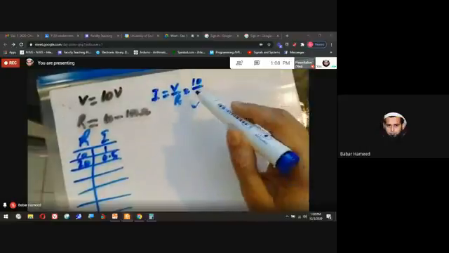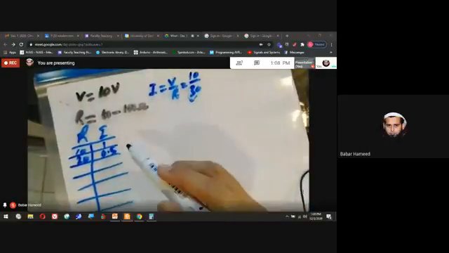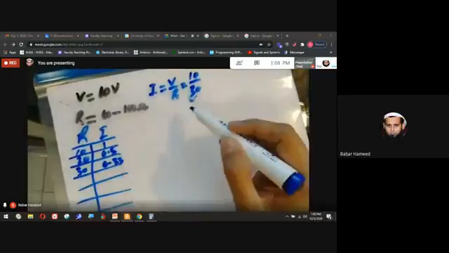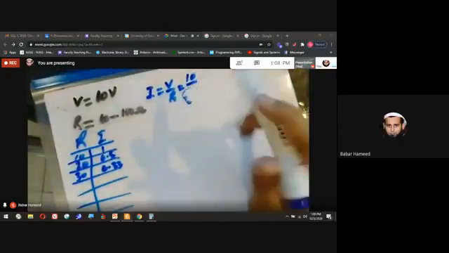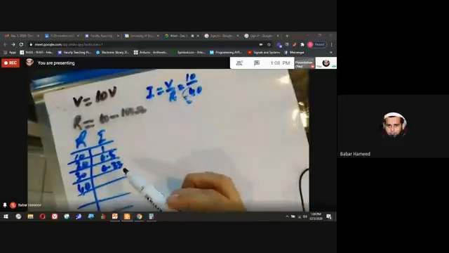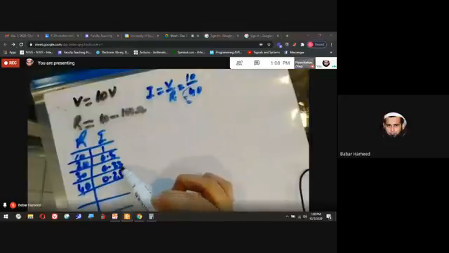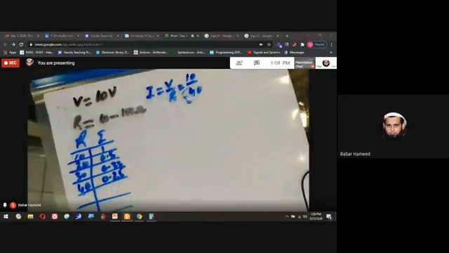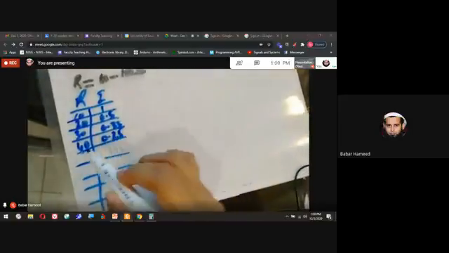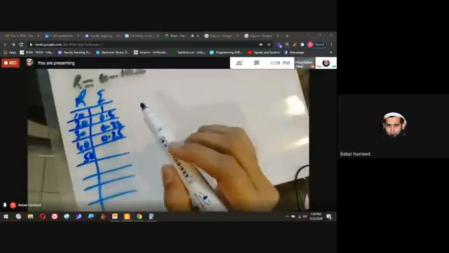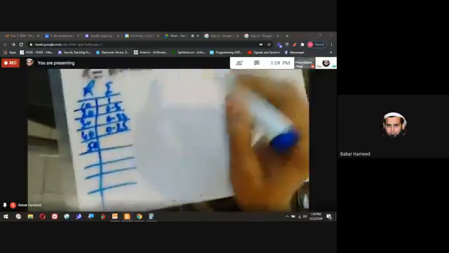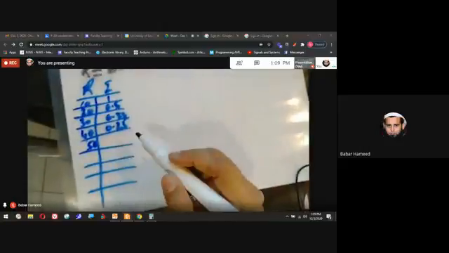Similarly, for 30, it will become 0.33. For a value of 40, it will become 0.25. And for a value of 50, we will have 1 over 5, and 1 over 5 is 0.2.